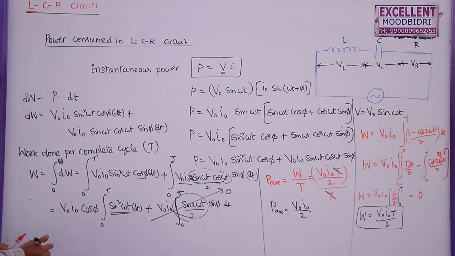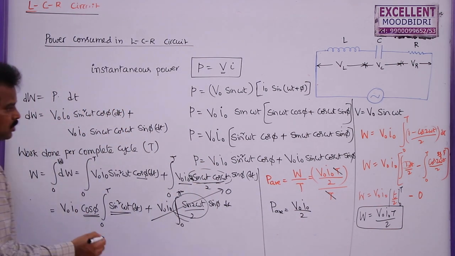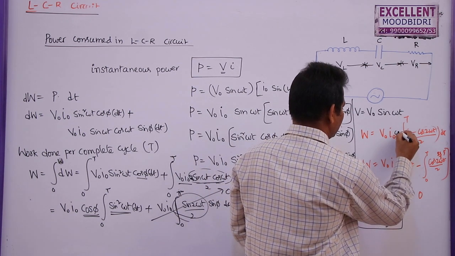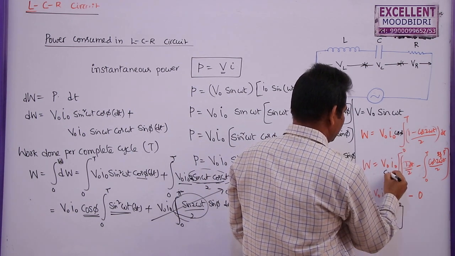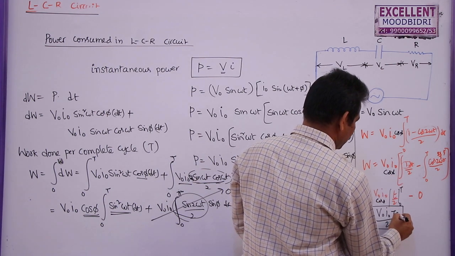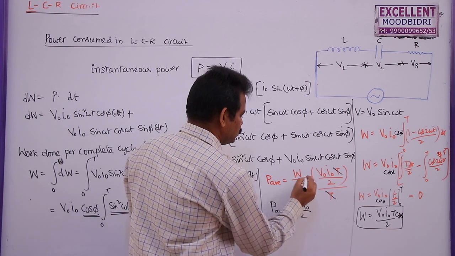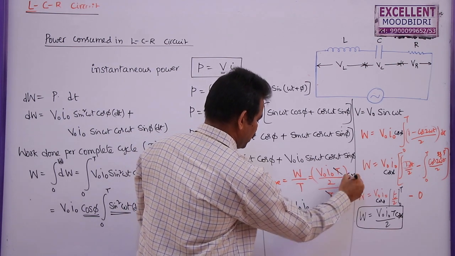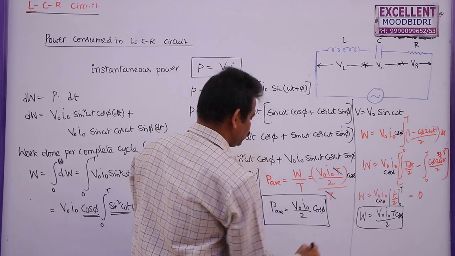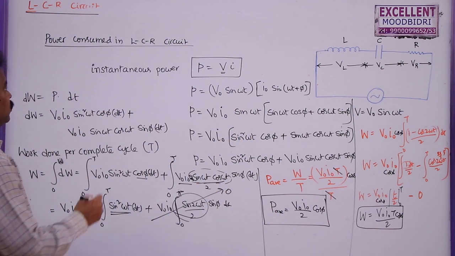But in these steps, we have taken cos phi common, so I am going to add cos phi here. This is the average power consumed in an LCR circuit.